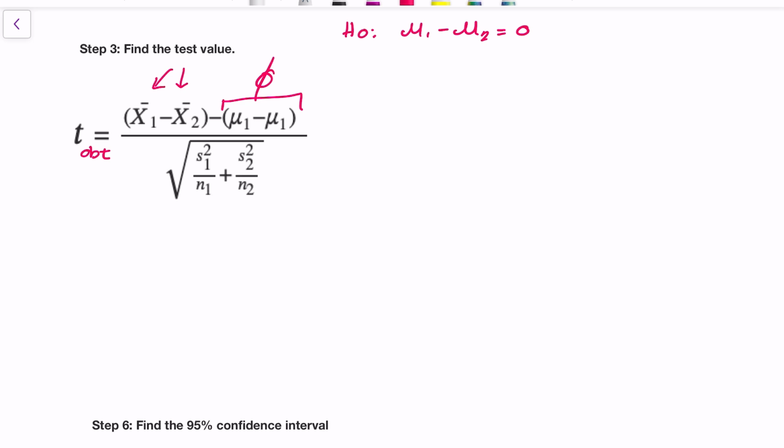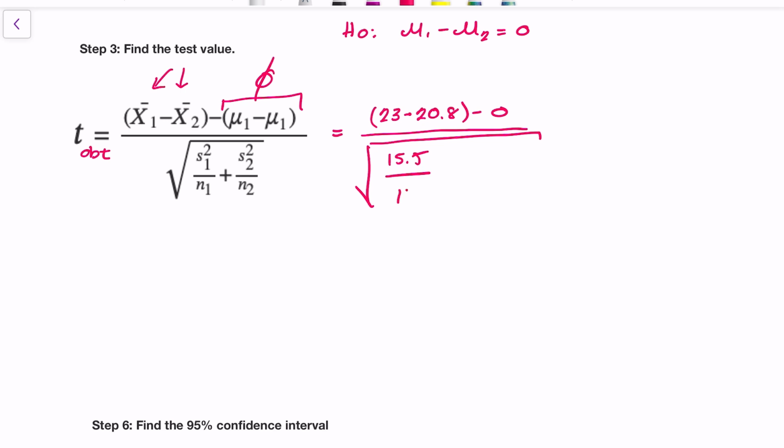So let's plug in everything here. It's going to be 23 minus 20.8 minus 0, divided by a giant square root of 15.5 divided by 17 plus 34.3 divided by 15. Oops, this looks a little ugly.